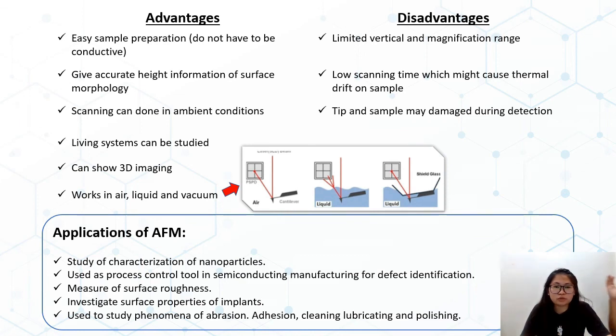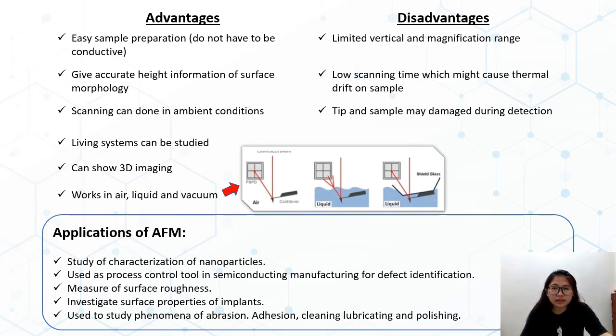AFM can be used to study living systems such as biological samples. Furthermore, AFM is capable of 3D imaging instead of 2D imaging, which is good for research purposes. AFM can also work in air, liquid, and even in vacuum conditions.